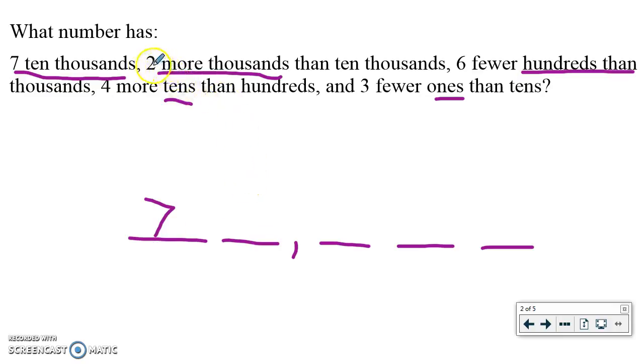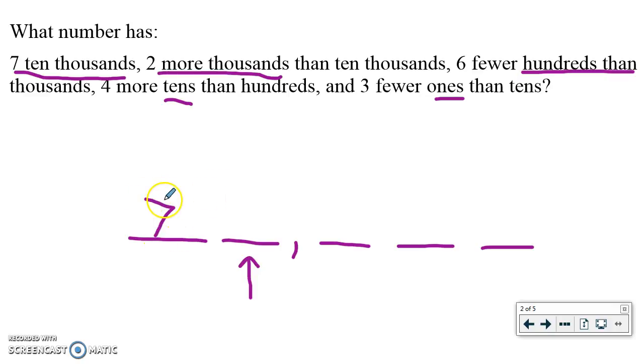Now we move on between this comma and this comma. So this next section, it's like the next step. It says 2 more thousands than 10,000s. Okay, so we're working in the thousands place right now, which would be this one right here. So if this is the thousands place, what about it? Well, they're saying the digit that's in this place value is 2 more than what's in the 10,000s, which was the first one we did.